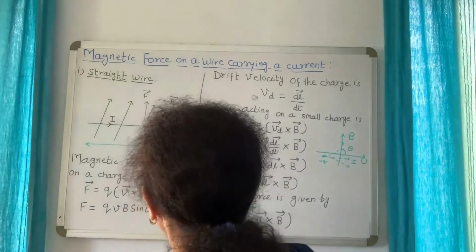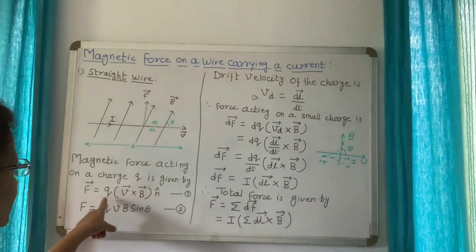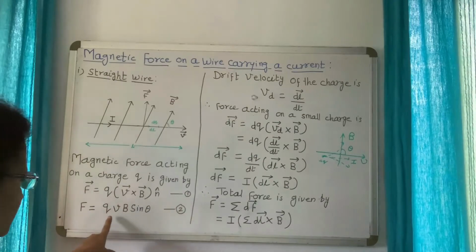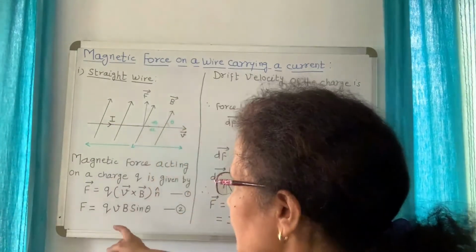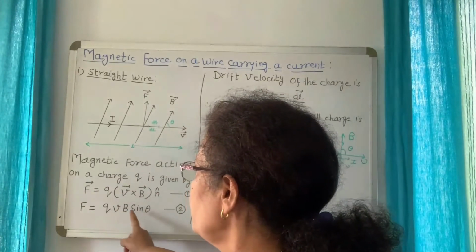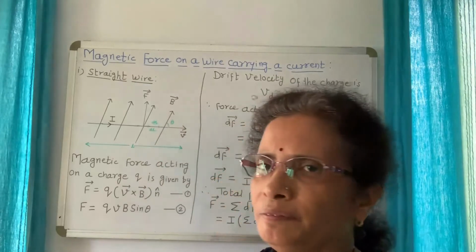So further procedure is that if it is a vector quantity, the cross product is written as F is equal to Q into VB sin theta, where theta is the angle between V and B.